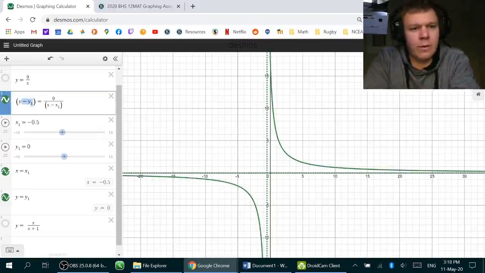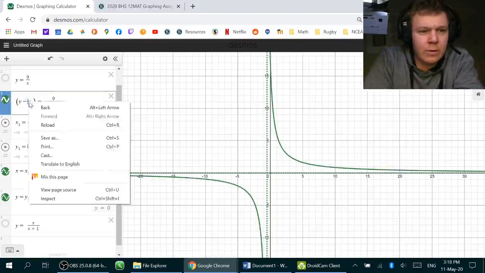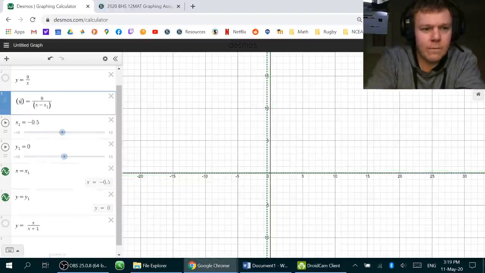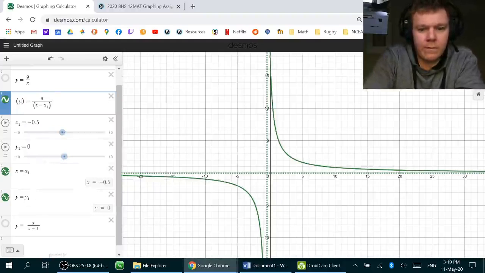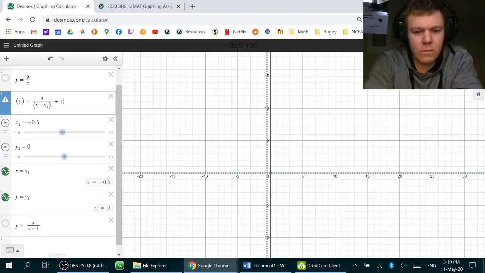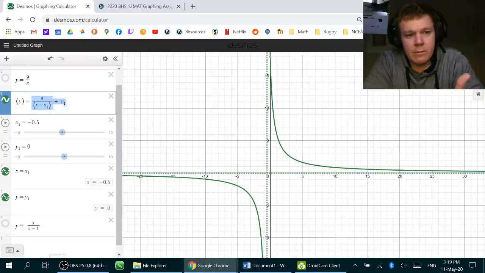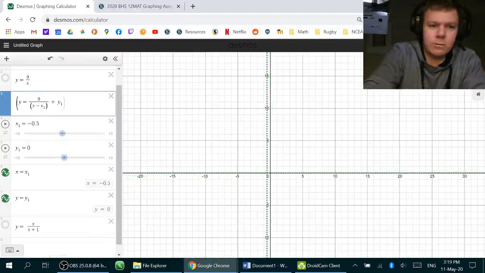This is actually a good thing you can do with this. I'm just going to put this y1 on the other side. So we'll delete that, and we will have plus y1. So this is probably how the formula might be on your formula sheet, because everything is y equals this, this, and this.